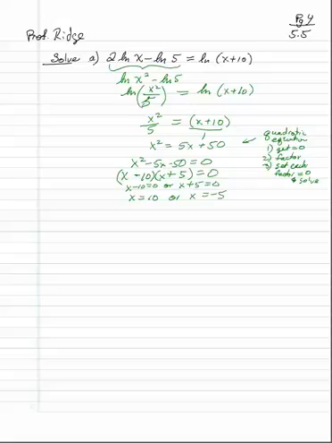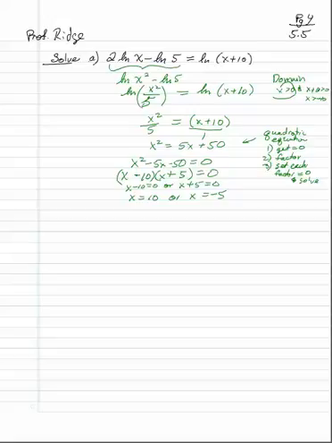Now again, we've got to think about the domain. If we look at the very first one, ln of x, so our domain has to be x greater than 0, and x plus 10 has to be greater than 0. So the most restrictive one is x is greater than 0.